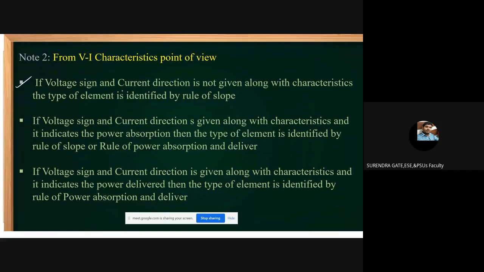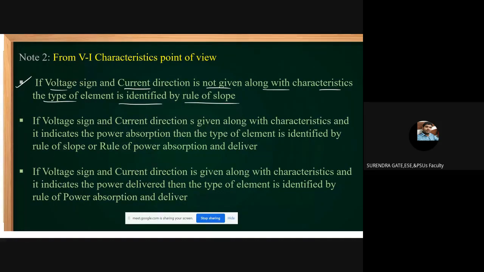If the voltage sign and current direction are not given along with the characteristics, and it is asked what type of element it is, then we identify the type by the rule of slope. Just by calculating the slope, we can identify the type of element. If R is greater than 0, passive element. If R is less than 0, active element. Like that, we can identify when voltage sign and current directions are not given.